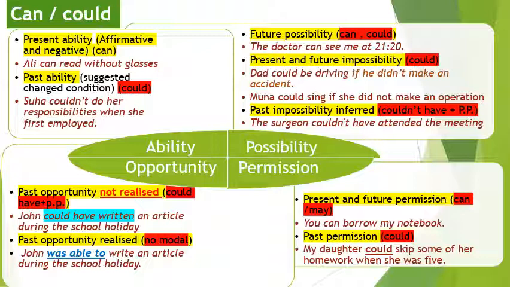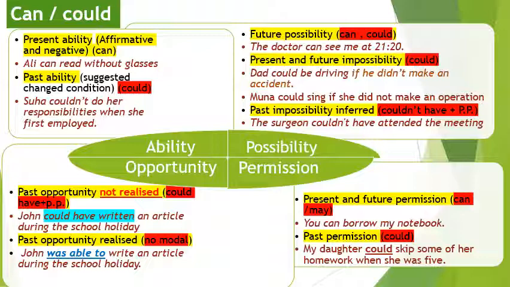For instance, Suha couldn't do her responsibilities when she was first employed. Students, you need to pay attention that you insert a time expression to indicate that, for instance, when a person was 10 years old, or at a young age, or at an earlier stage of your study or employment, just in order to show that something used to happen at a specific time.